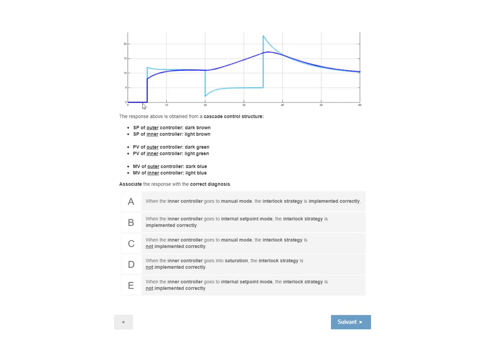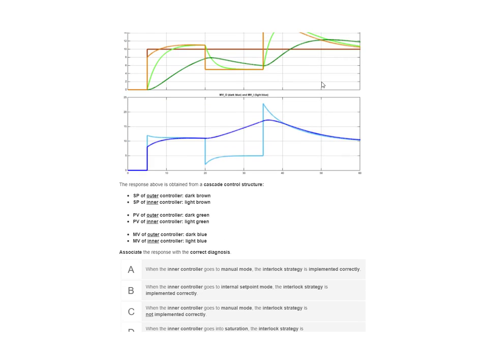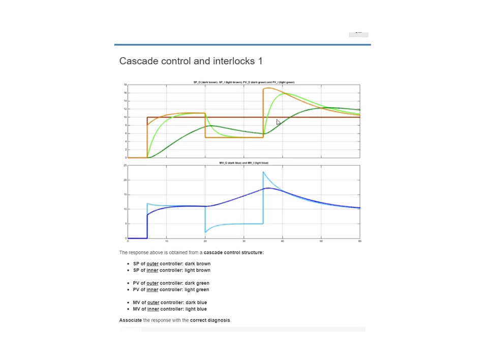Let us look at the internal MV here and see if this controller goes to manual mode. You can see over here that, well, MV continues to evolve, so it does never go to manual mode, and you cannot see any saturation of MV. This means that you can already exclude the answers A, C, and D. Well, let us see if this inner controller is going to internal set point.